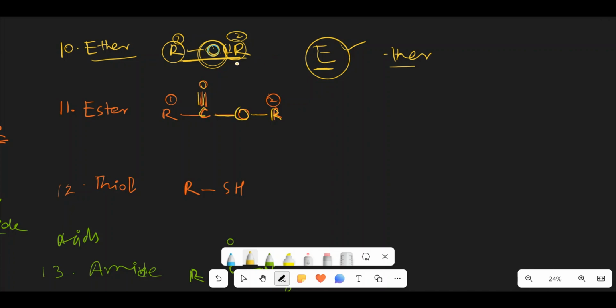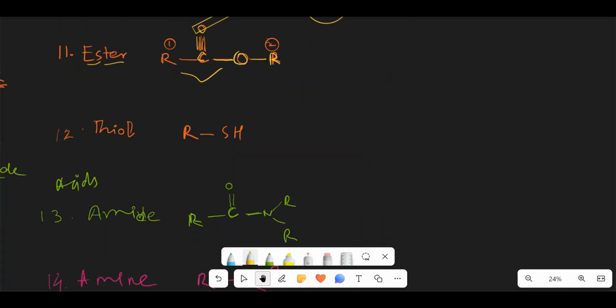Now it might be very simple for you to memorize: ether is R O R. It's O and it's E, like Easter, East, enter. We don't have to divide it into phases, we just have to learn it, and it's very simple.